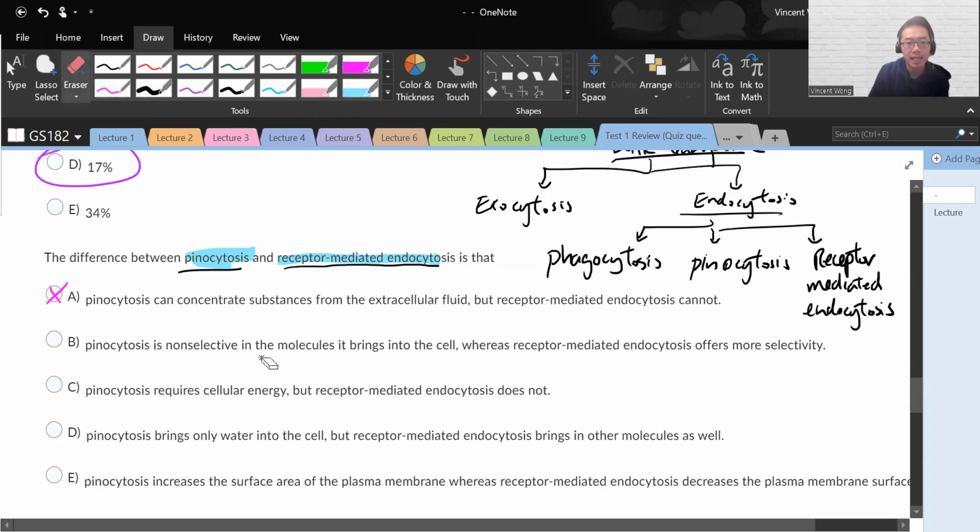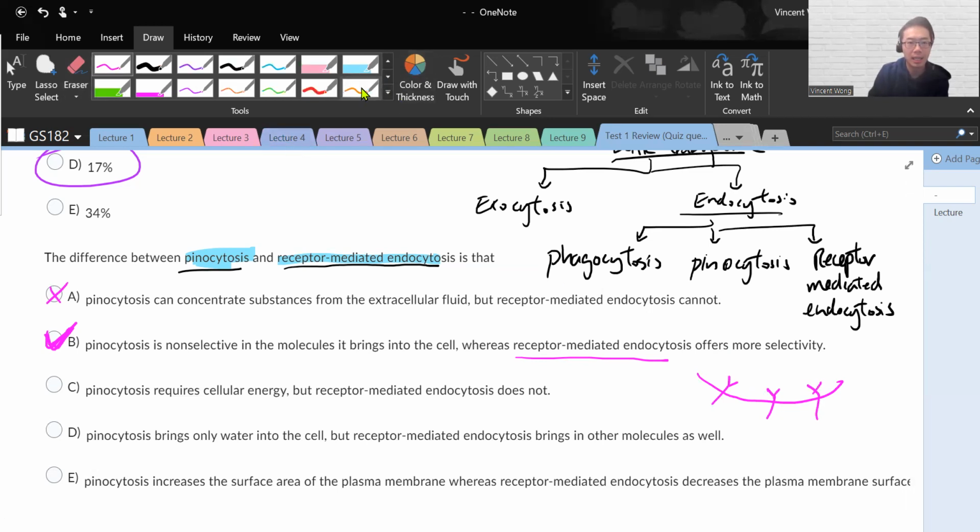Pinocytosis is non-selective in the molecule it brings into the cell, whereas receptor-mediated endocytosis offers more selectivity. That's the right answer. In fact, in the lecture notes, I told you receptor-mediated endocytosis requires whatever you're trying to bring in to bind to a receptor, right? You might remember the picture goes like this, right? There are some Y-shaped stuff here.